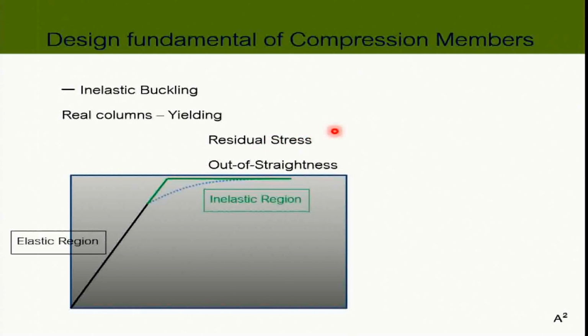Now this stress in steel generally comes from the manufacturing process, because once you roll the section out of the hot roll procedure, the heat that remains in the structure will cause the structure to cool at different rates. And when the cooling down process is not the same, say between the end of the flange and the point where the flange is connected with the web, because it's not going to cool down at the same rate, it's going to be bent, because this part wants to cool down, but it cannot because it is attached to the web.